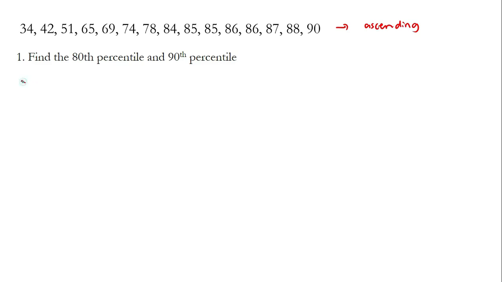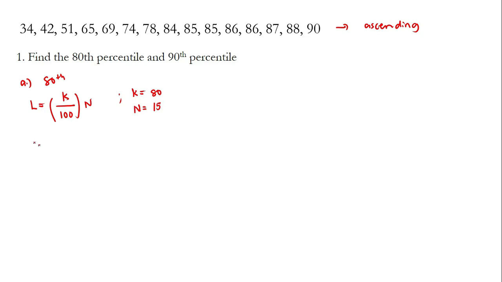We have here the 80th percentile. We will use the formula L equals K over 100 times N. Our K is 80, and our N, the total number of observations, is 15.